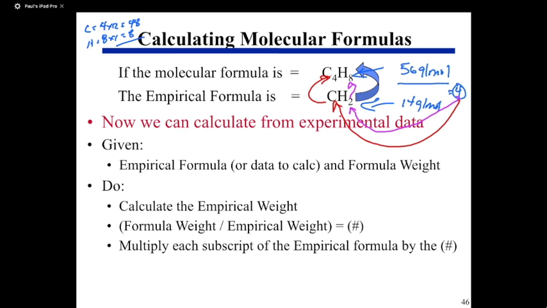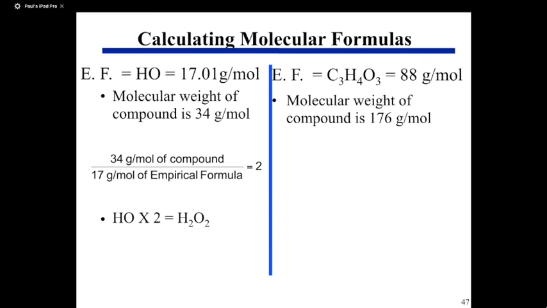If you take the molecular weight, the whole weight of the entire compound, divided by the weight of its empirical formula, you're going to get a small whole number that can be used to multiply against the subscripts of the empirical formula to get to the molecular formula. An example here: this compound has 88 grams per mole.